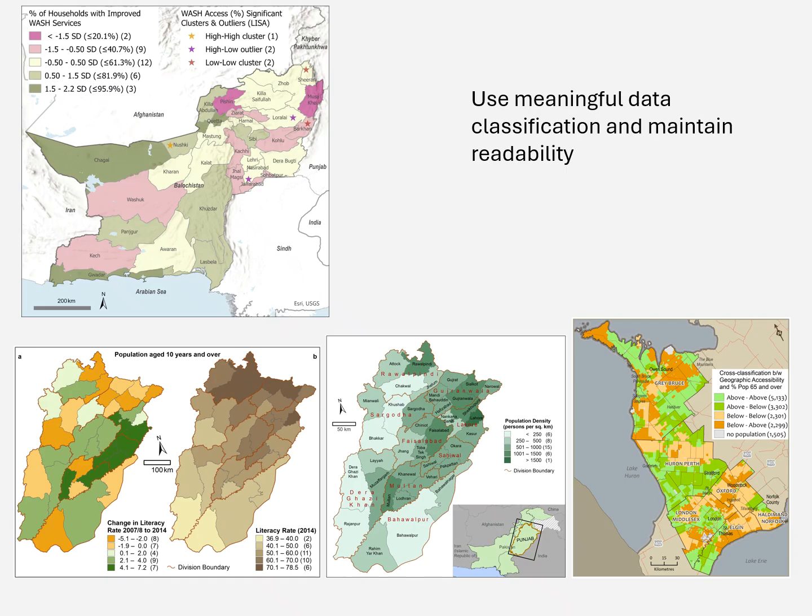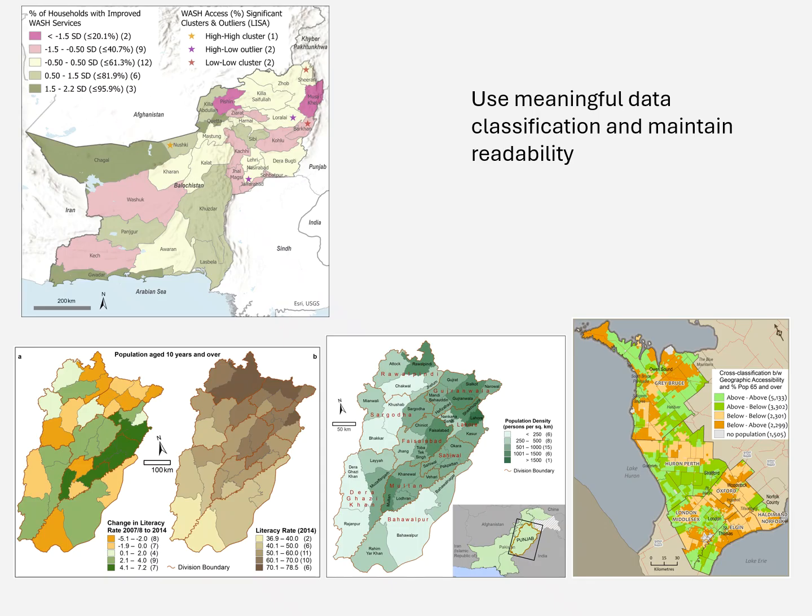So in terms of meaningful data classification and maintaining readability, there are a few more examples you can see. Here are four different kinds of maps. One is a study area map showing the comparison between different situations, and then we have a distribution of percentages. The next map is where we have the cross tabulation between two variables. Each variable has two classes, so there are four combinations.